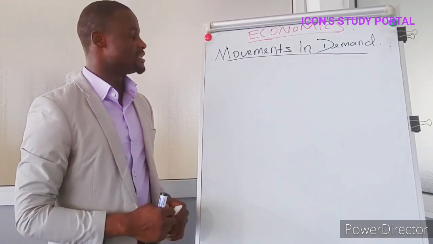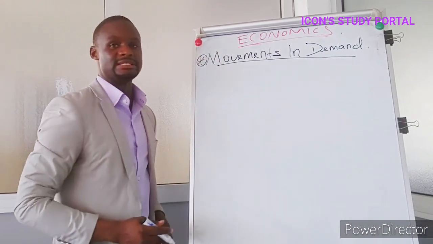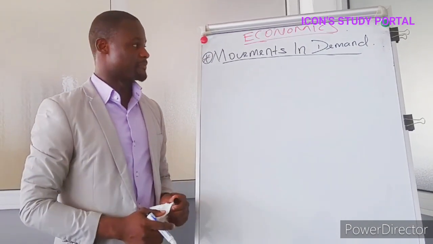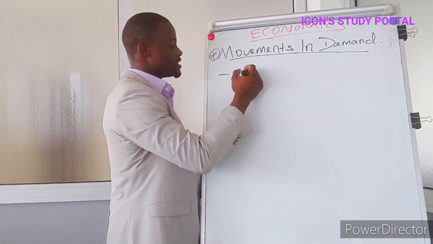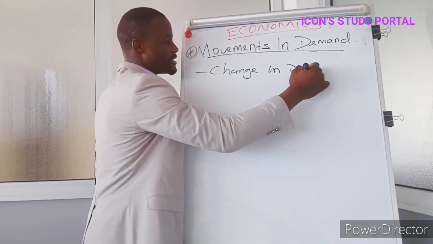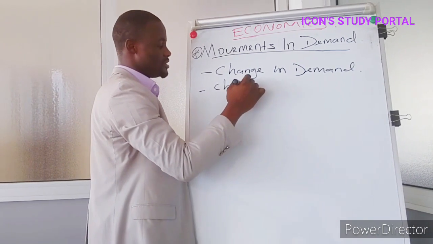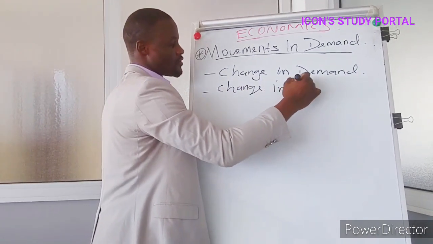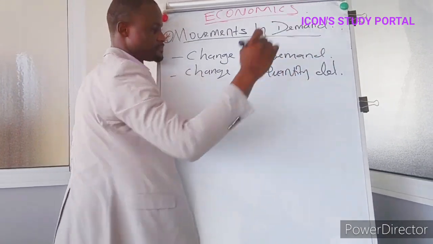Today we are going to be handling this particular subject matter, which is the movements in demand. Under the movements in demand, we are going to be concerned with the change in demand and the change in quantity demanded.